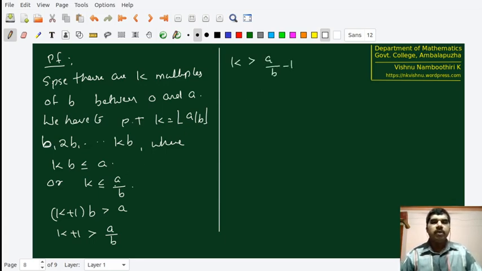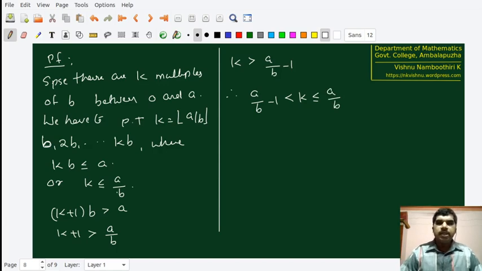So we already have k less than or equal to a by b. Therefore, a by b minus 1 is less than k, which is less than or equal to a by b. So k is an integer lying between a by b minus 1 and a by b.